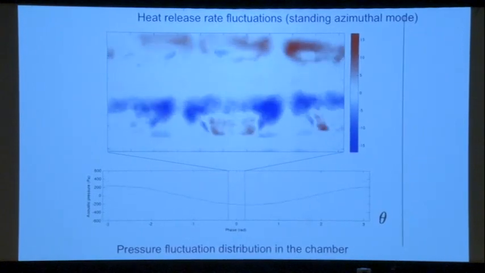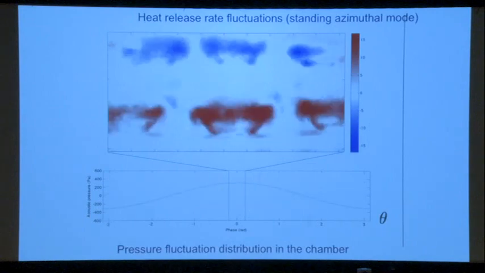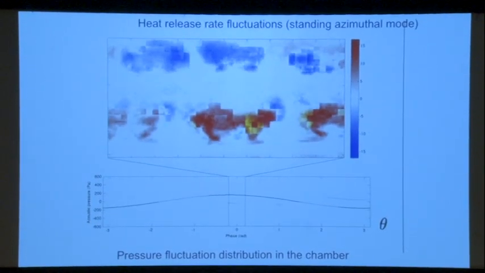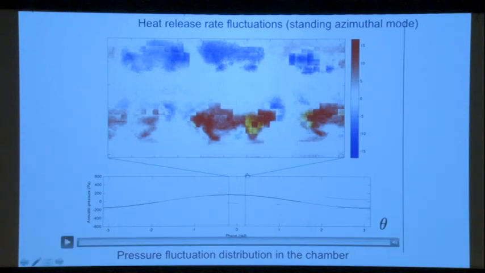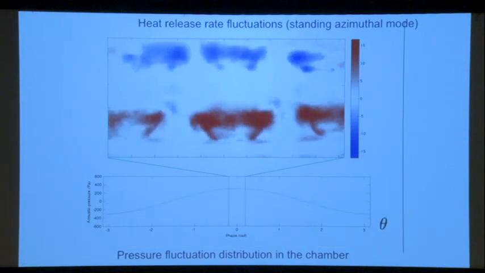We get back here to our combustor, and what we see here is from the side the behavior of the flame. And again, red is positive intensity, blue is negative. And what we see here at the bottom is the pressure. And the idea is to see what happens between the heat release and the pressure.